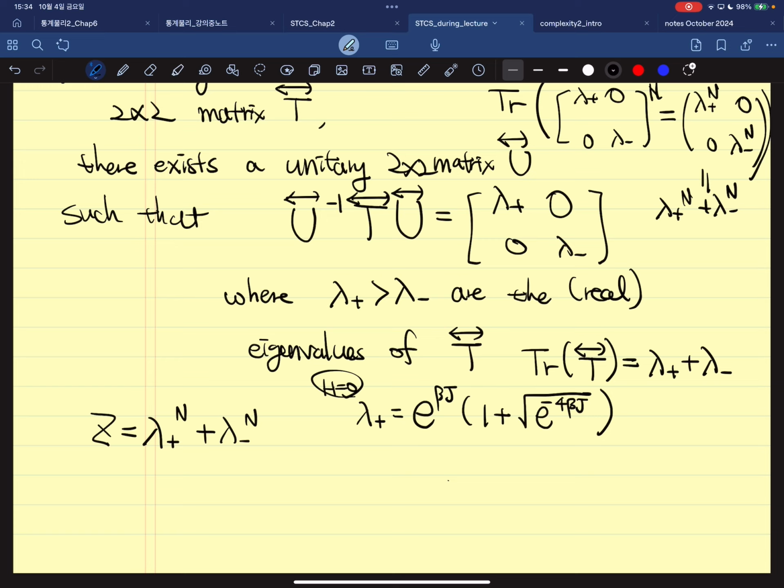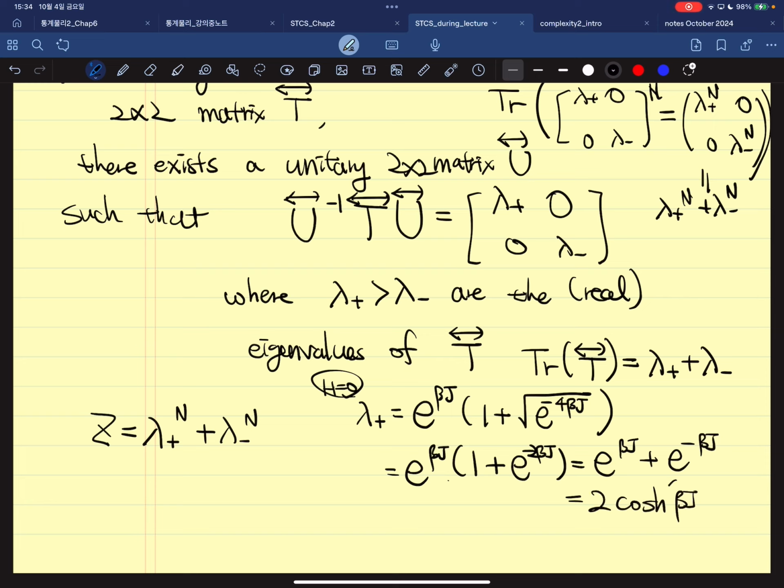But this is plus the square of exponential minus 2 beta j. So this will become this one. Again, in formula form, twice the hyperbolic cosine of this one.